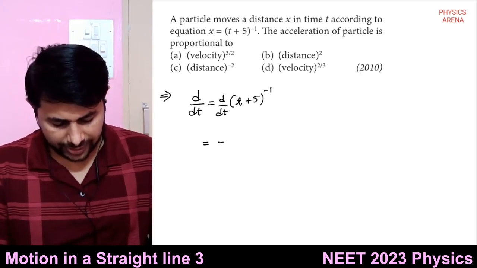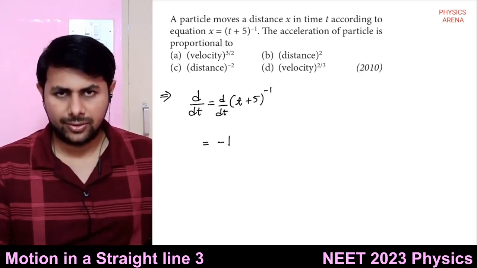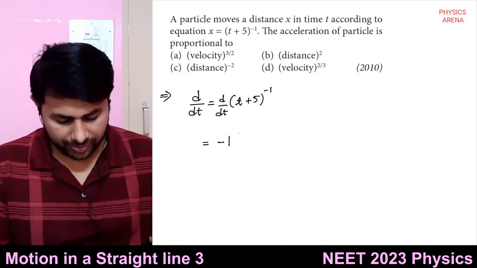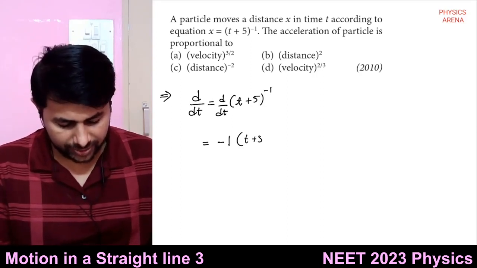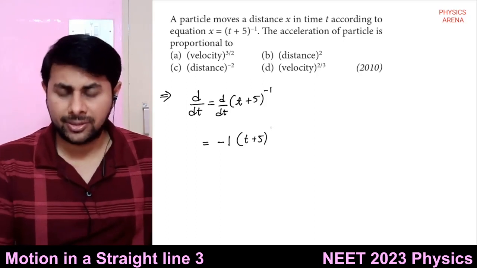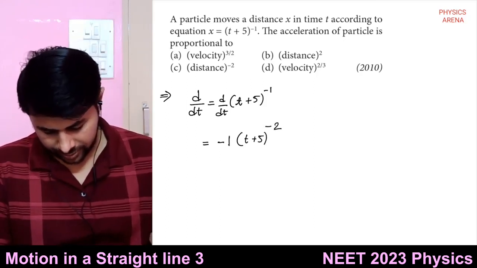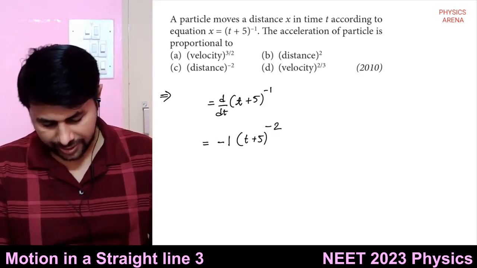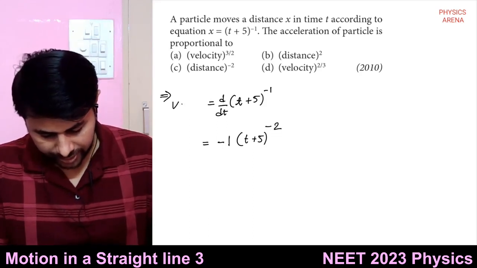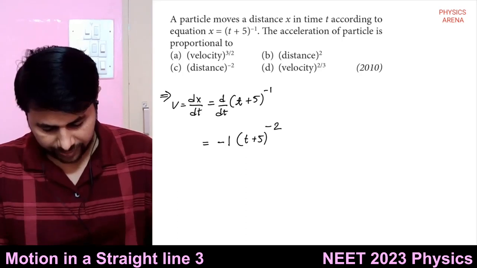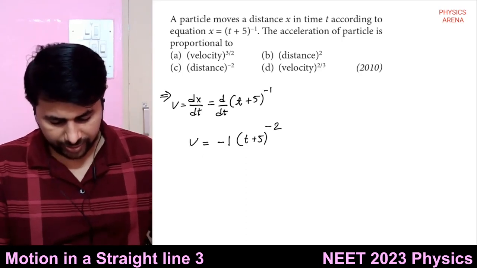The power will come in multiplication: minus 1 multiplied by t plus 5 raised to minus 1 minus 1, that's minus 2. So it's d by dt of position. Velocity is dx by dt, and so this is my velocity.